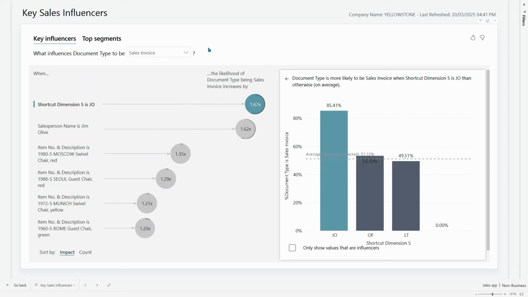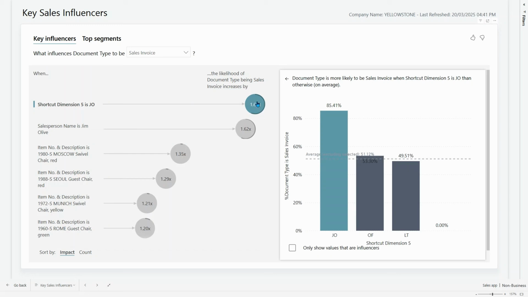For now, we'll just do a sales invoice. And the algorithm found some different key influencers for that. The first two seem to be very related, that whenever Jim Olive here is involved, there is a 1.6 times higher likelihood that you make a sale.